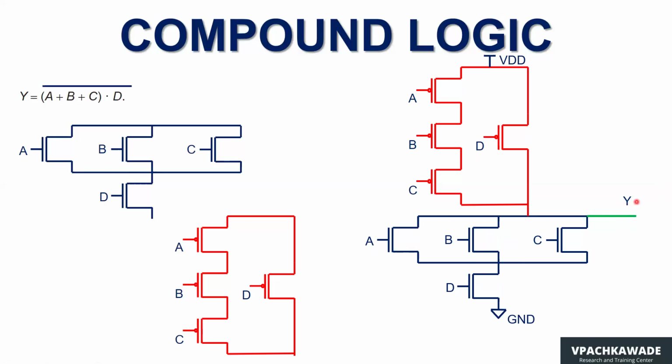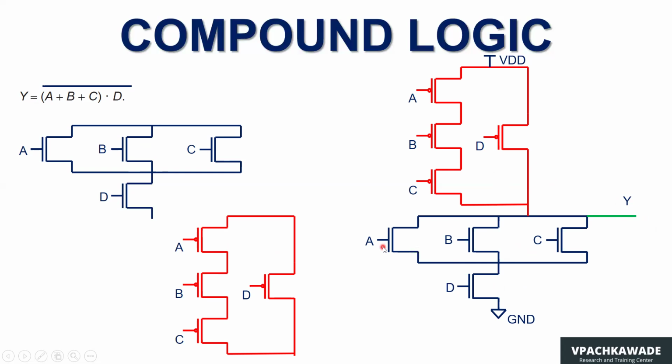When the output is one, it means the pull-up network will connect the output Y to the highest supply voltage VDD, and when the output is zero, it means the pull down network right over here will pull the output back to the ground. So that's how the pull up and pull down will work.